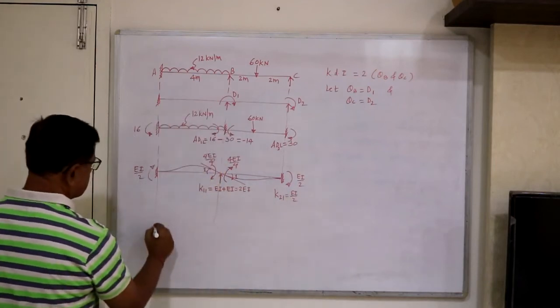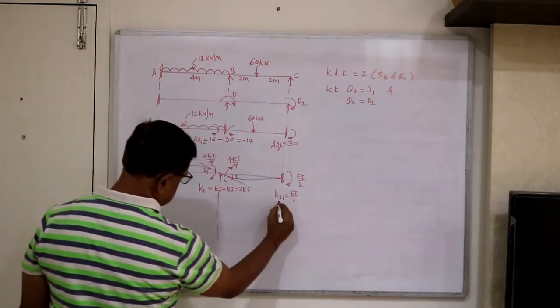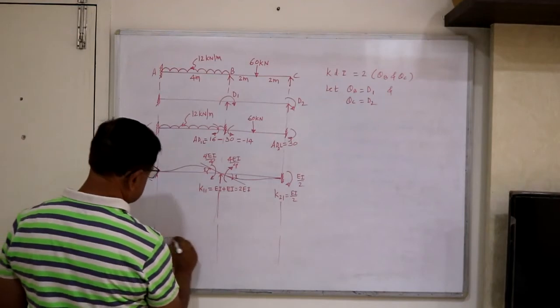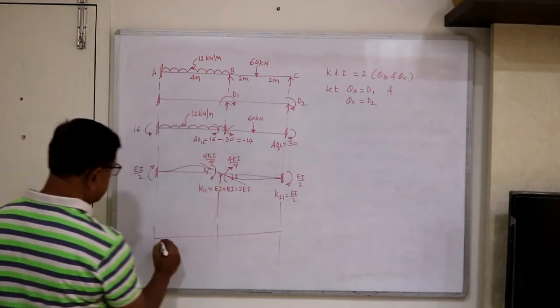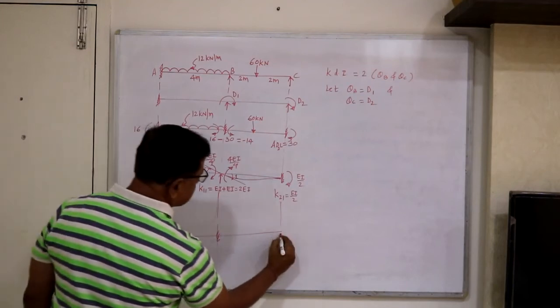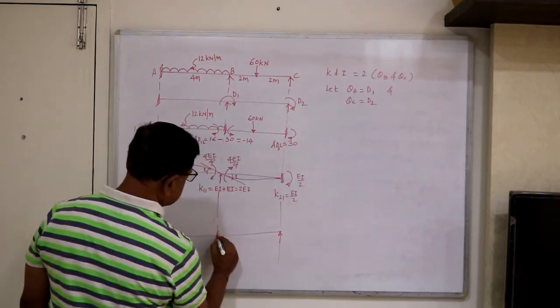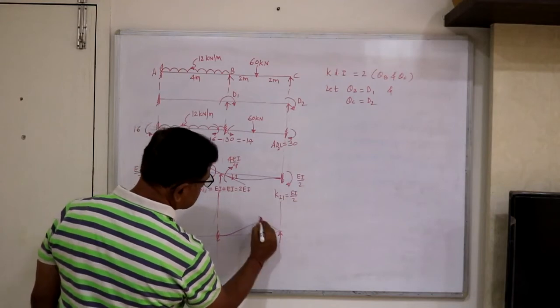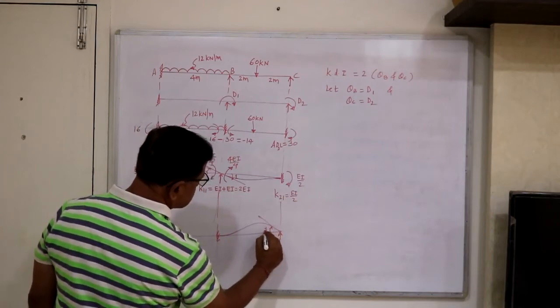The next, apply the unit, say keep it fixed, and unit rotation here is applied in a clockwise direction. If you draw the tangent, this is 1.